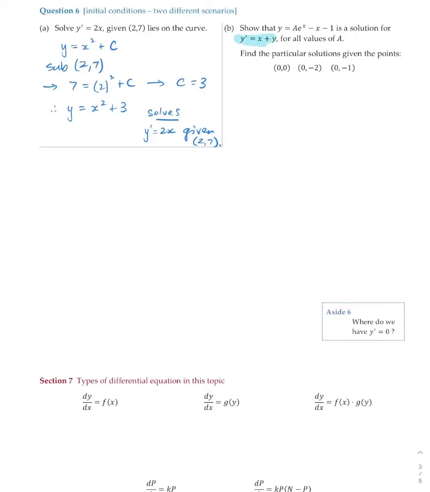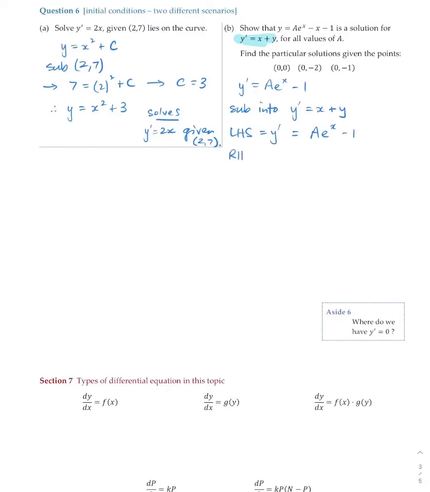We've got a y dash, so y dash equals a e to the x minus 1. Now we'll sub into y dash equals x plus y. The left-hand side is y dash, which is a e to the x minus 1.